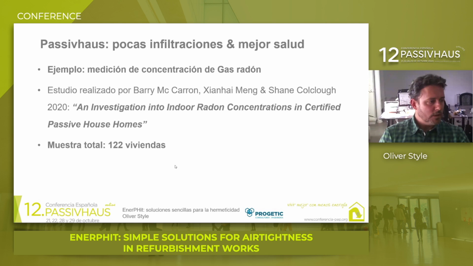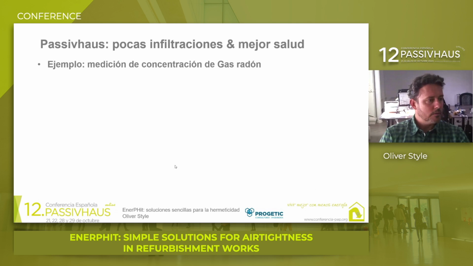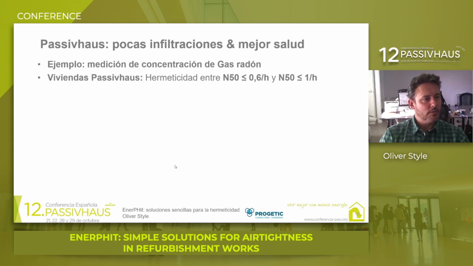They measured the concentration of radon gas in a total sample of 122 dwellings: 25 reference homes, 97 passive house certified homes, of which 5 were homes certified under the EnerPHit standard. The infiltration levels in passive house buildings were between 0.6 and 1 renewal per hour N50.